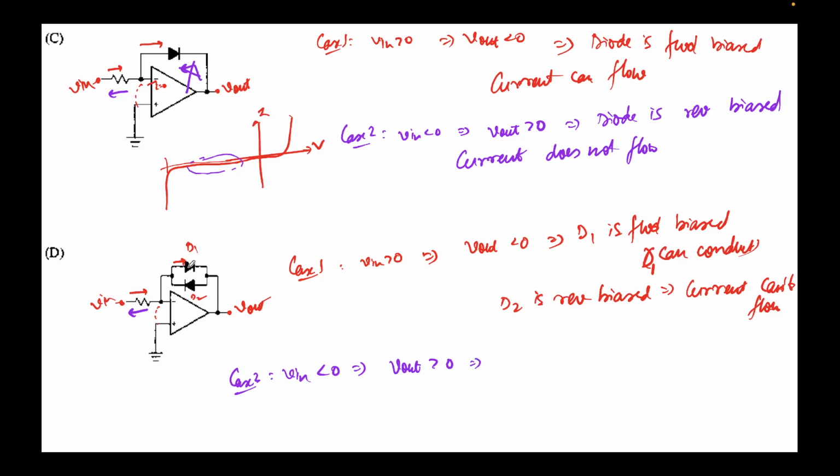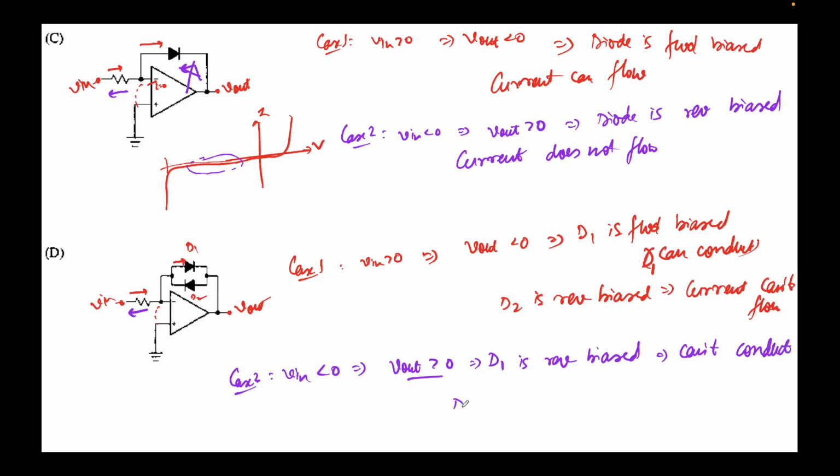Look at D1. Its P side is connected to 0 and N side is connected to a positive voltage, since V out is positive. This means D1 is reverse biased, so it's operating somewhere in the third quadrant, and it can't conduct, and it has not broken down yet, so it cannot conduct.